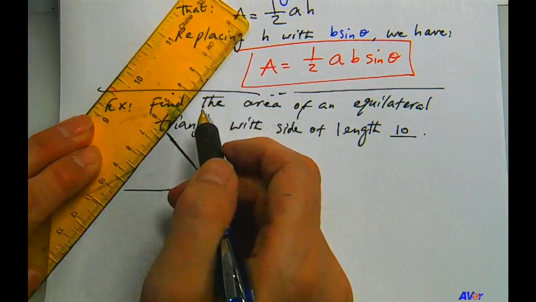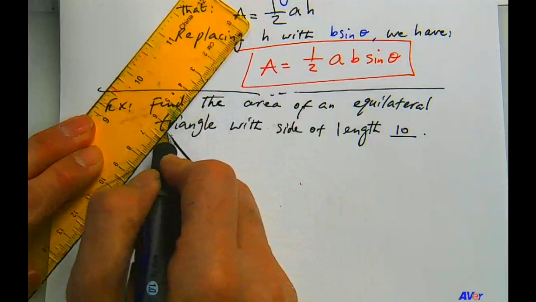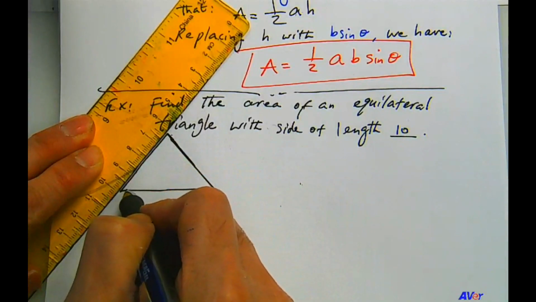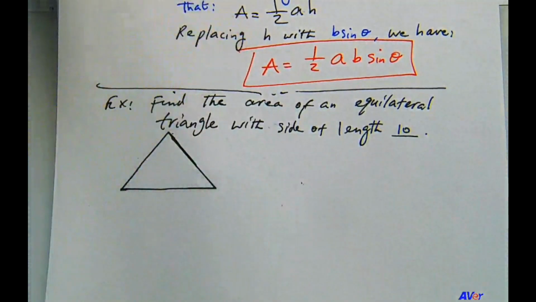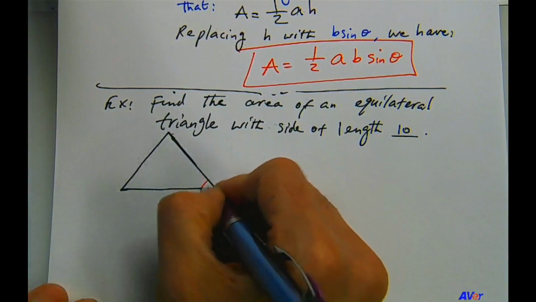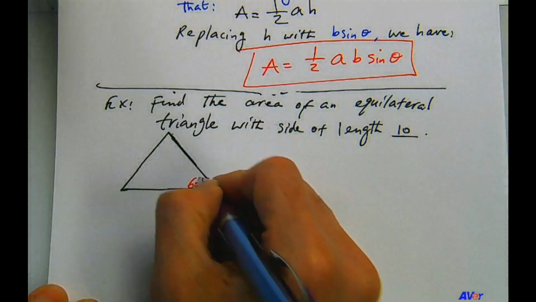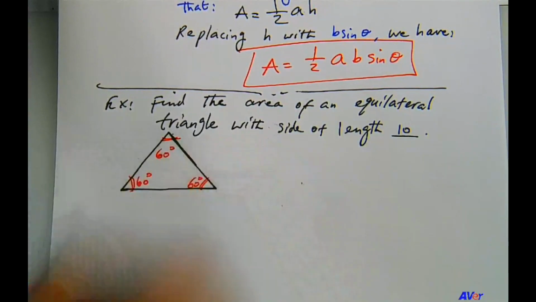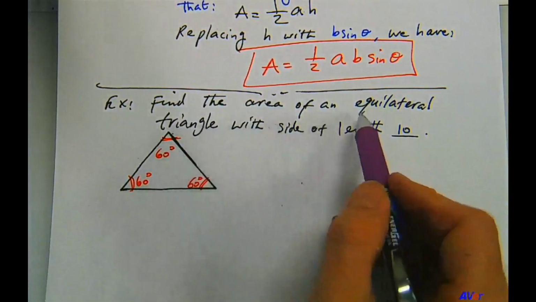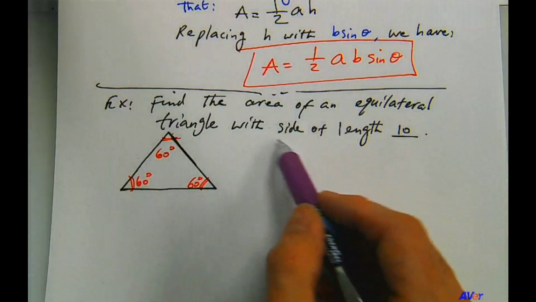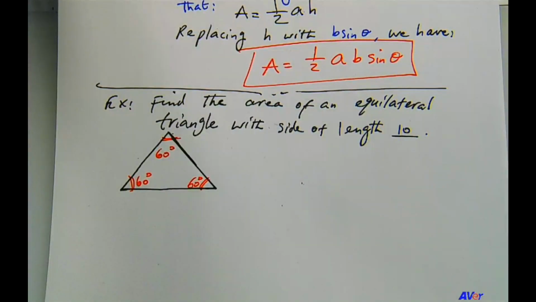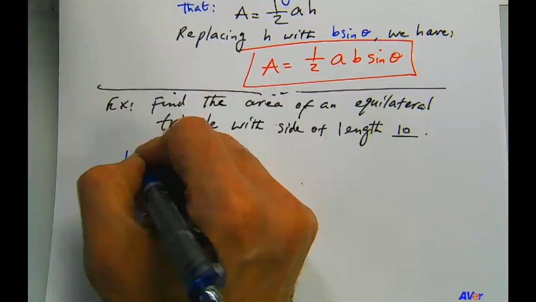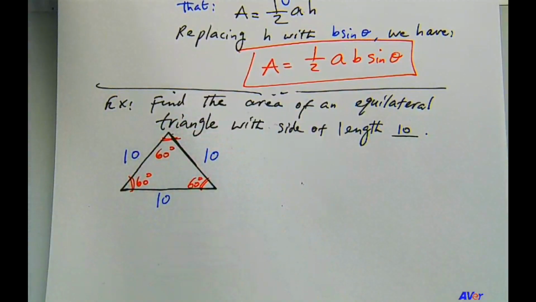I'm sure I'm off, but let's assume this is an equilateral triangle. For equilateral triangles, we know that the angles should be equal. So this is 60 degrees, 60 degrees, and 60 degrees, right? And we find the area of an equilateral triangle with side of length 10. So this is 10, this is 10, and this is 10.